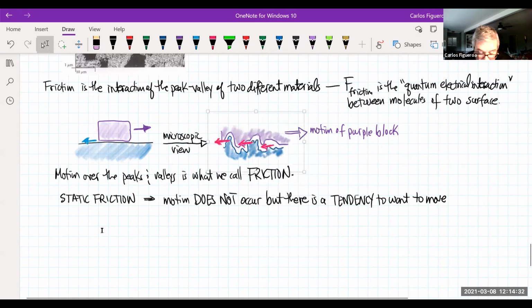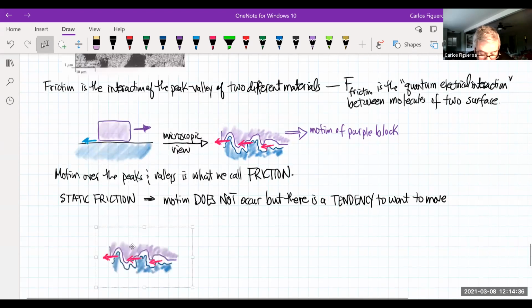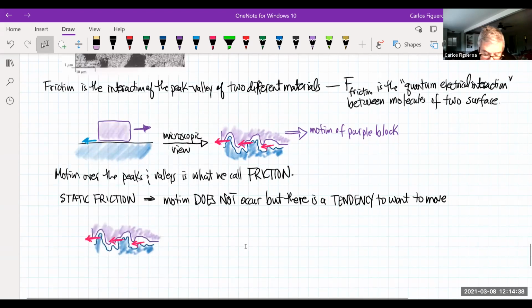Let's look at static friction here. If I'm trying to move in this direction, even though my motion is zero, you can see how those blues are going to oppose those purples because there's this microscopic motion here.